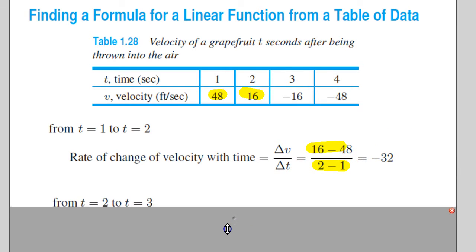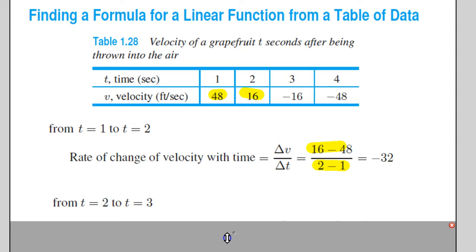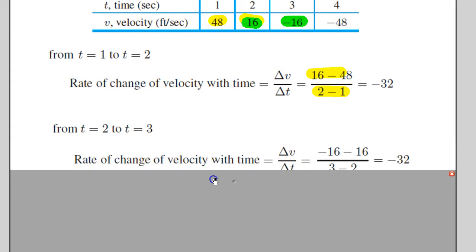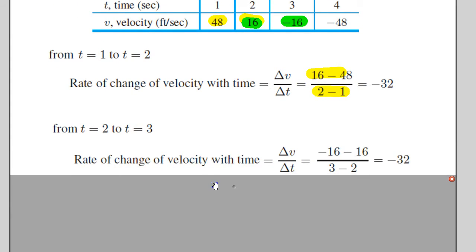Let's see if that happens if we take a look at another pair, from time 2 to time 3. In this case, we're looking at the velocity of negative 16 and 16, and the difference between those two is actually negative 32, and of course the change in time is 1 second as well, so we still also get negative 32.